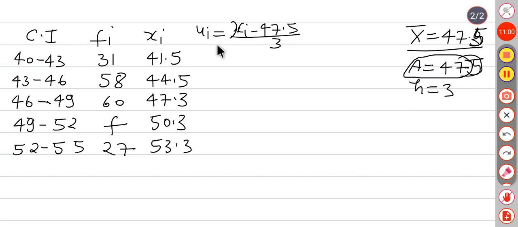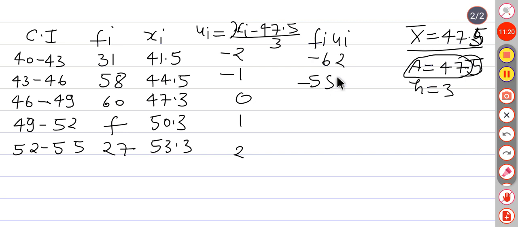Now let us solve the question. Here the ui values would be minus 2, thereafter minus 1, 0, 1 and 2, and you will require fi ui, which would be minus 62, minus 58, 0, f and 54.